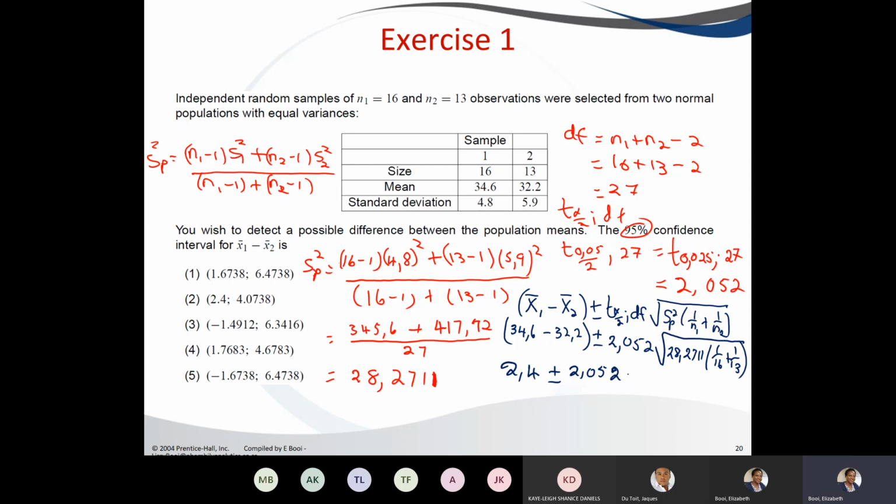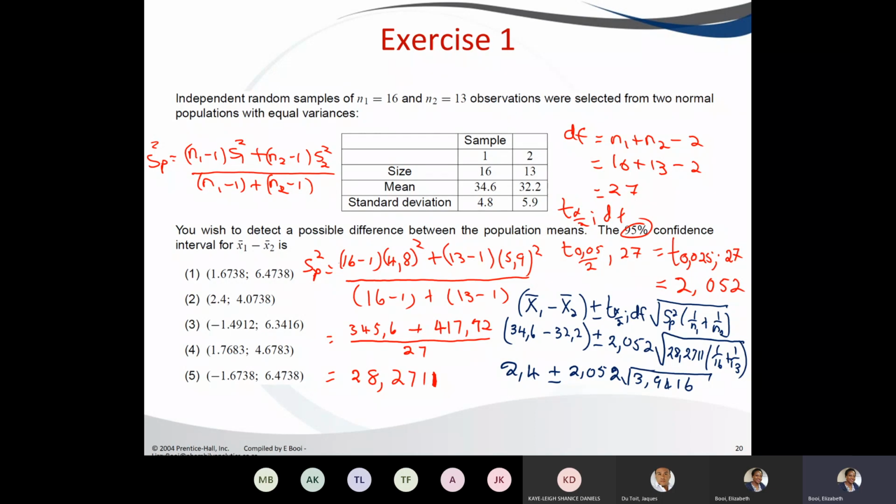If I take the square root of everything that is underneath the square root, if I calculate everything there, I get 3,9416, and then I can solve the whole problem.